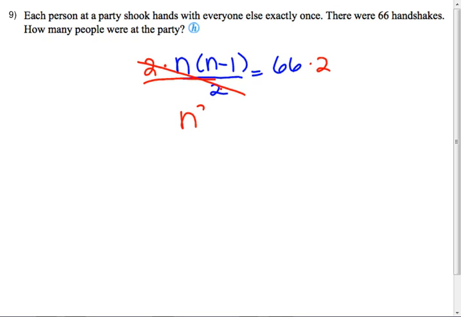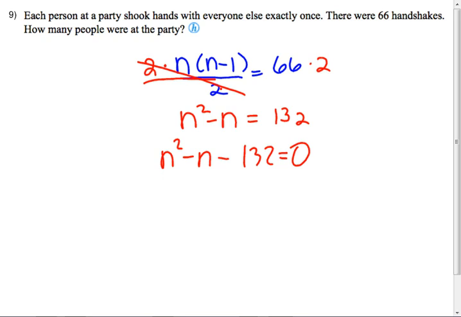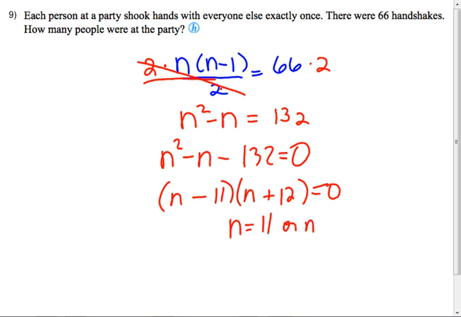So this is n squared minus n equals 66 times 2, 132, right? Minus 132 equals 0. When you solve any equation, I don't care what equation it is, it's always relative to 0. Okay, I'm going to guess it's this, right? So n is equal to 11 or n equals negative 12.